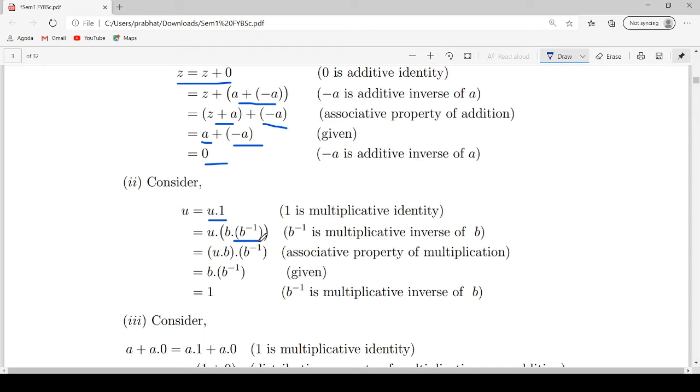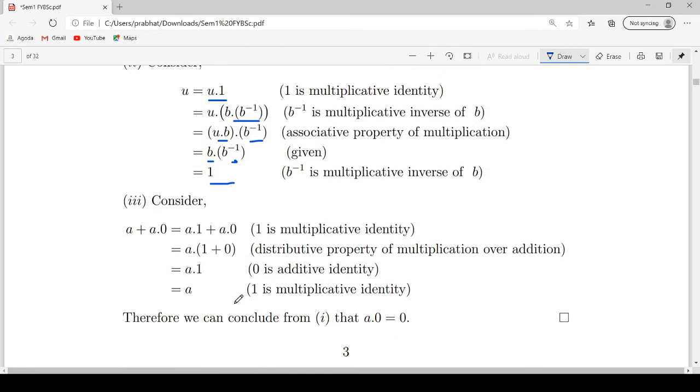So by definition of multiplicative inverse, b into b inverse is 1. Now I will use the associative property of multiplication and I will write it as u times b, into b inverse. But u times b is given to be b, and b inverse as it is. Now b into b inverse by definition of multiplicative inverse should be equal to 1. You have proved u is equal to 1.